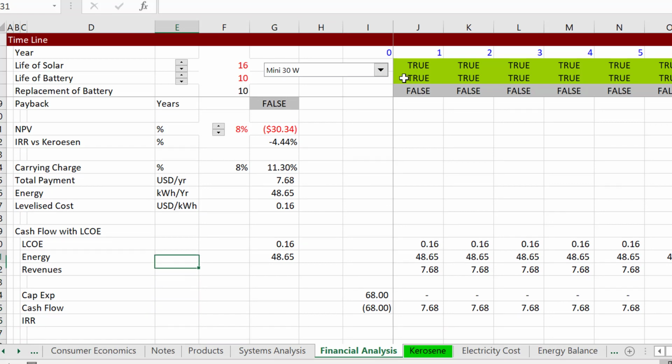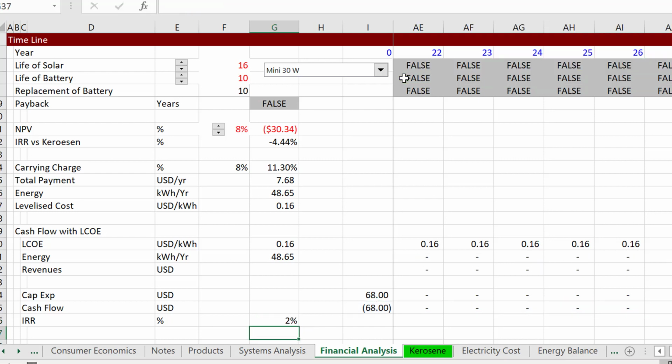LCOE, USD per kilowatt hour, per year, USD, Control D, percent, and we get our target IRR, which it looks like I used 18%.